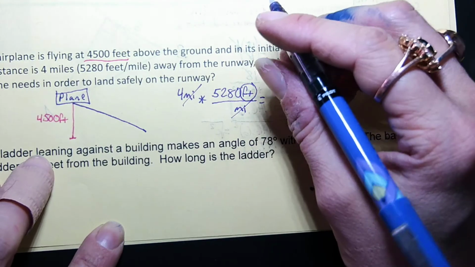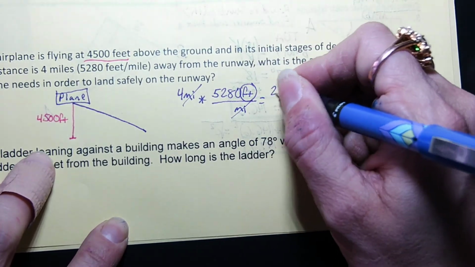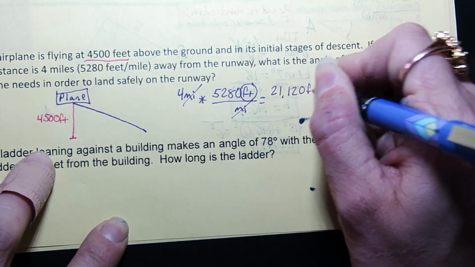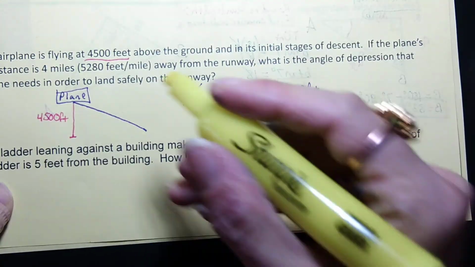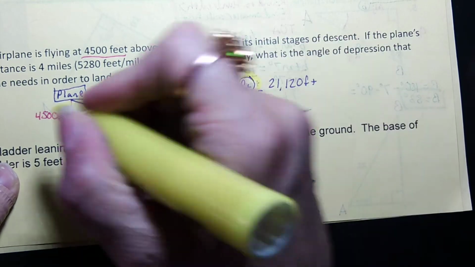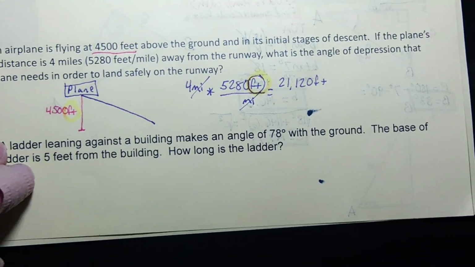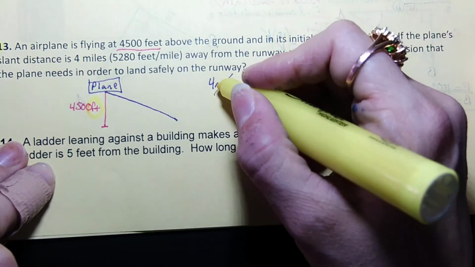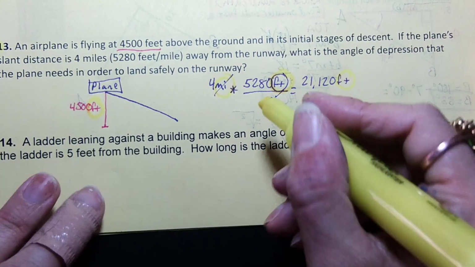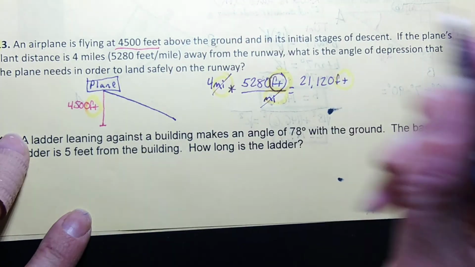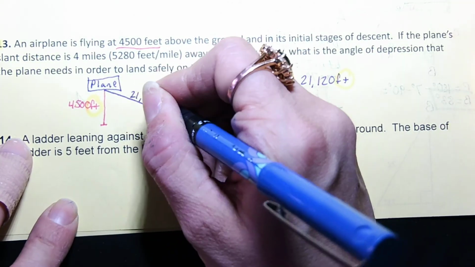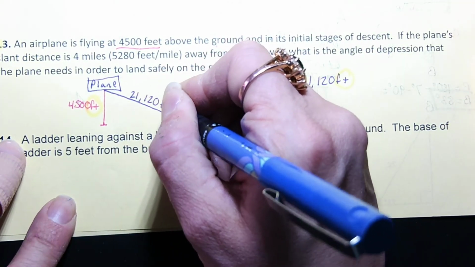So this gives me 21,120 feet. So that's why we have a star on this problem. That issue of units is kind of sketchy. So we have got miles, we need feet. So now for our hypotenuse, that slant distance, we are going to label as 21,120 feet.